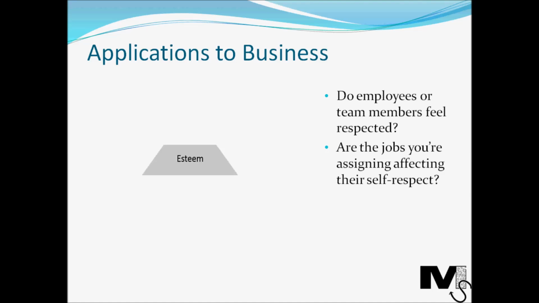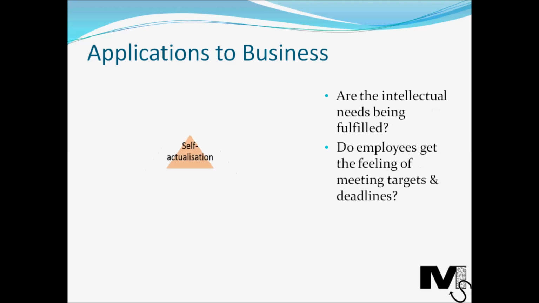Obviously, these things change from person to person, but if you're coming across a pattern where multiple people are harboring similar feelings, then it's time to reevaluate your strategy, I would say. And then the final level, self-actualization.